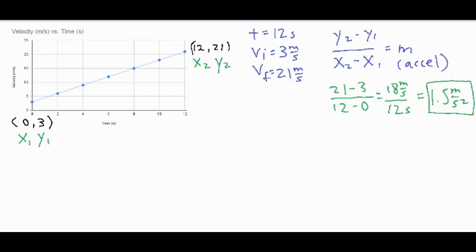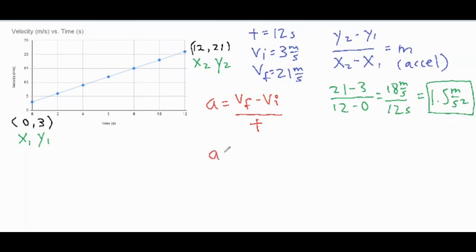Now, what I'm going to do is show you a second approach, which is basically using a kinematic formula as opposed to using the graphical method. And you're going to see both end up being very, very similar to one another. So if I use the kinematic formula delta v, which is final velocity minus initial velocity, over time equals the acceleration, I can also find the acceleration that way.